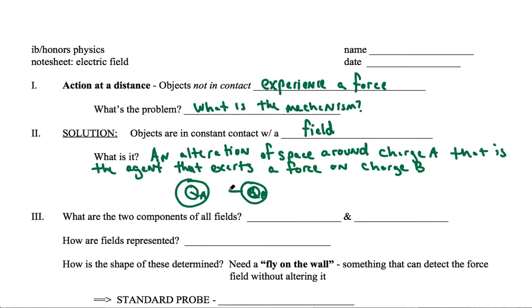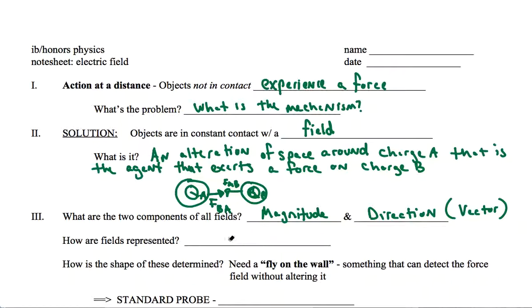So we can say that there's a force due to A on B, and then there's a force from B on A. And that's kind of a nice example of Newton's third law. So then what are the two components of all fields? All fields have both magnitude and direction, making them vectors. Okay, it's really important to realize that electric fields are vectors.